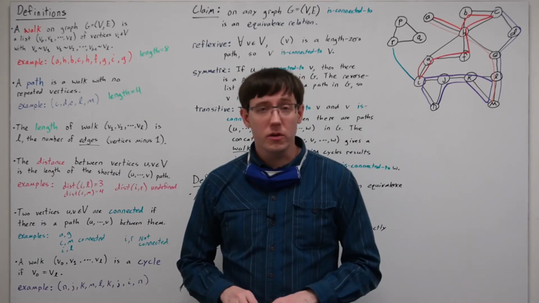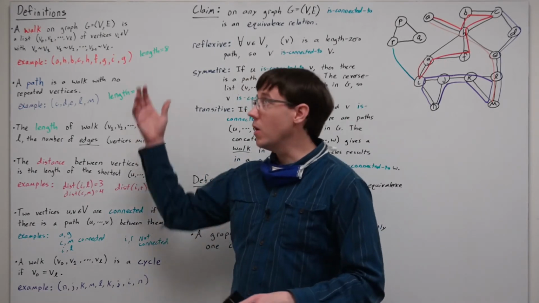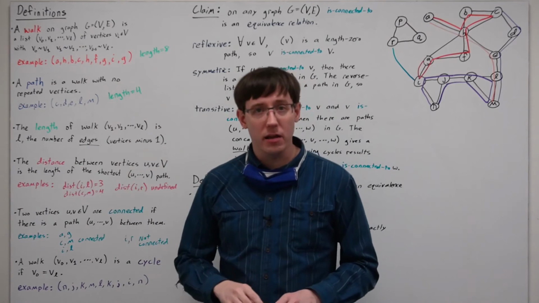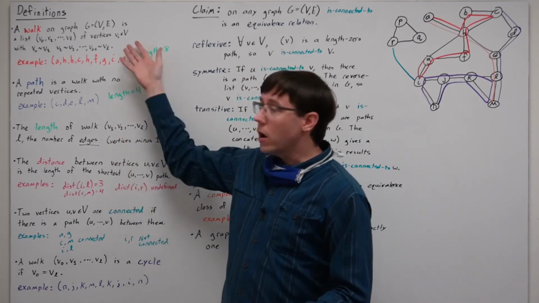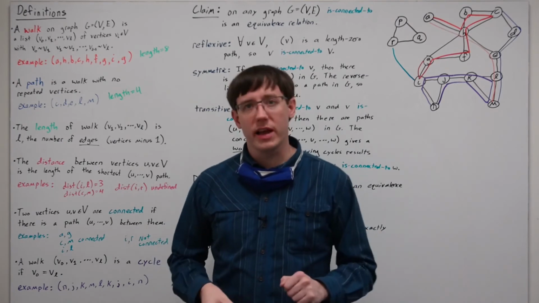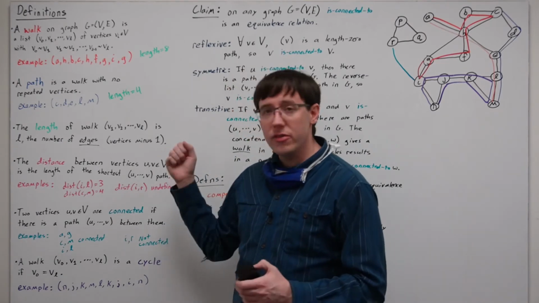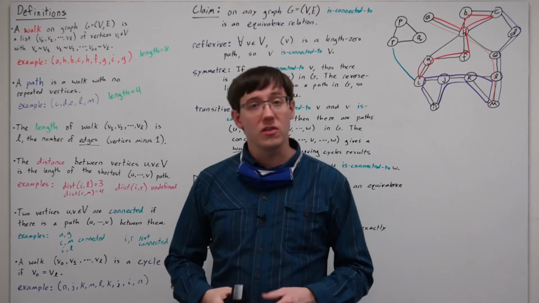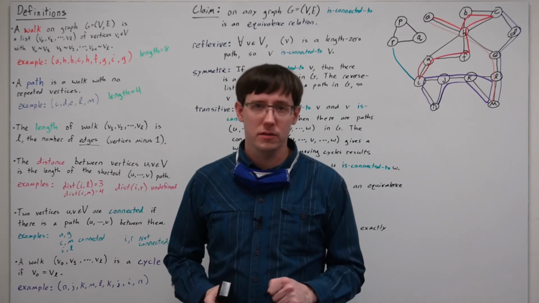Finally, I'd like to consider a couple of properties that walks or paths might have. Namely, a walk is Eulerian if it traverses every edge exactly once, and a path is Hamiltonian if it visits every vertex exactly once.